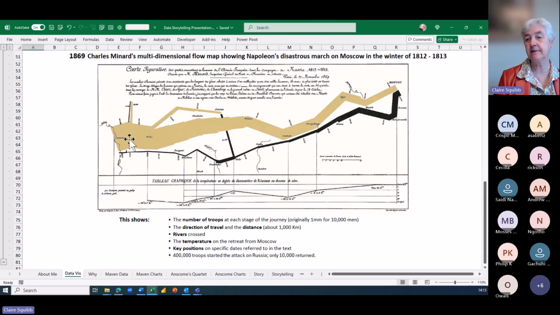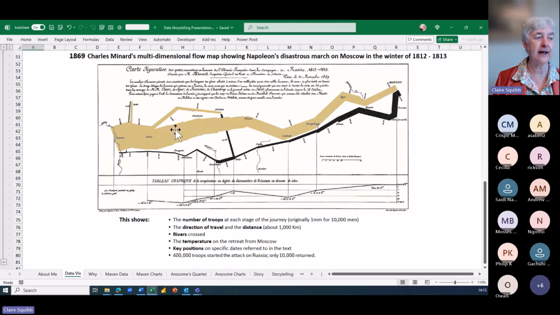As they retreated, they were burning the farms and the fields and the villages so that the attacking French couldn't get any food. The French followed the Russians all the way, about 1,000 kilometers from, I've forgotten the name of the place, but basically from Lithuania across to Moscow.